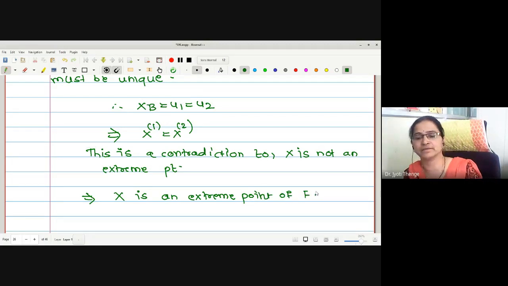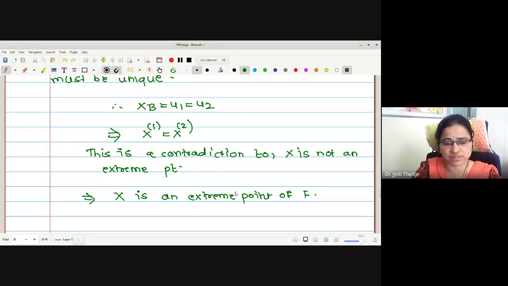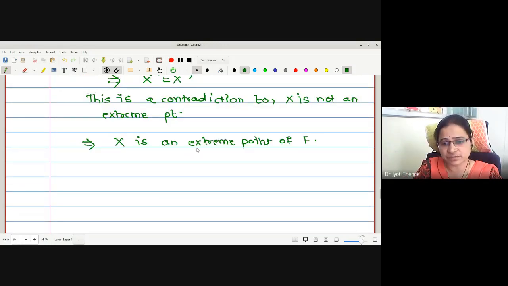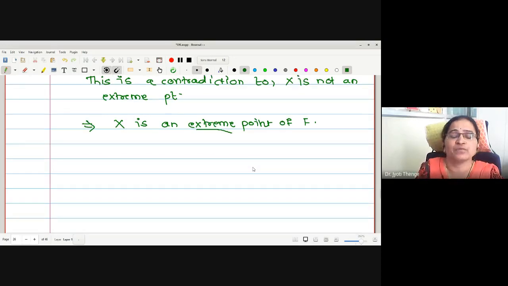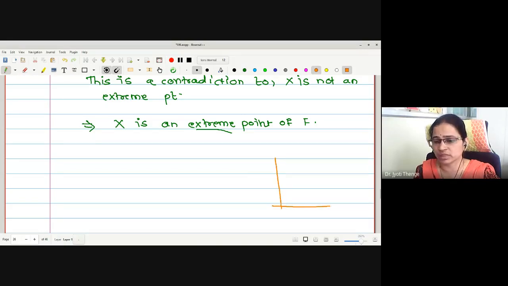Therefore, whatever is the basic feasible solution, we will get the basic feasible solution only at the extreme point. And whichever basic solution gives us the optimum, we will call it the optimum basic feasible solution. Now you can recall in the graphical solution method, whatever region we obtained, suppose this is my feasible region, we were finding the value only at the extreme points, correct?